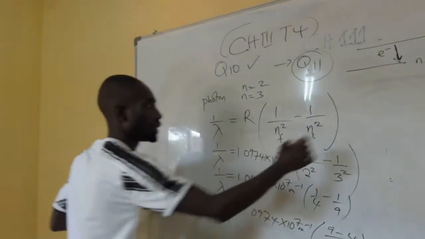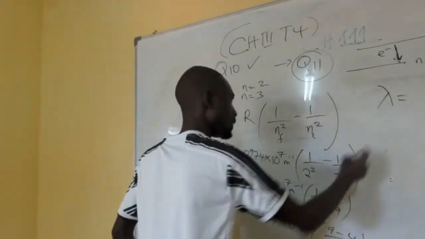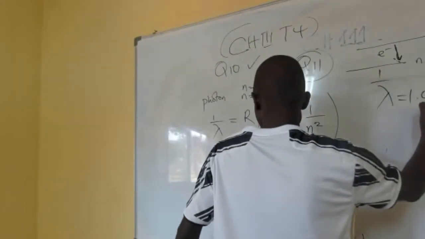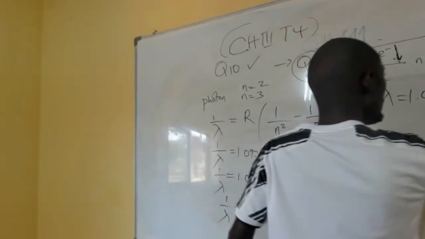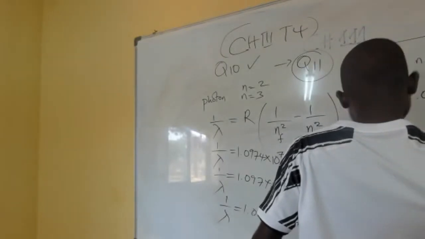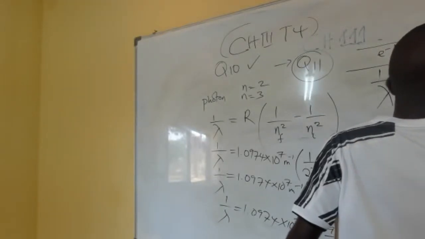So this entire thing is 1 over lambda equals the Rydberg constant, 1.0974 times 10 to the power 7, times 5 over 36.